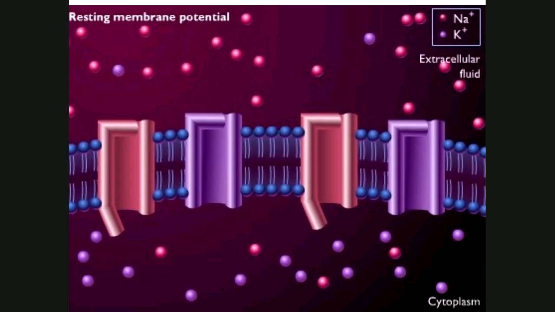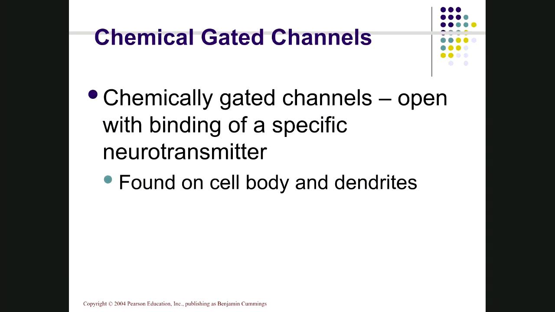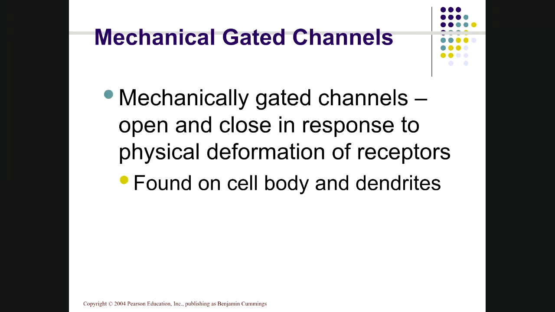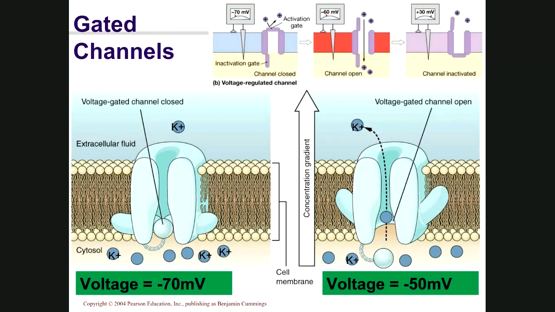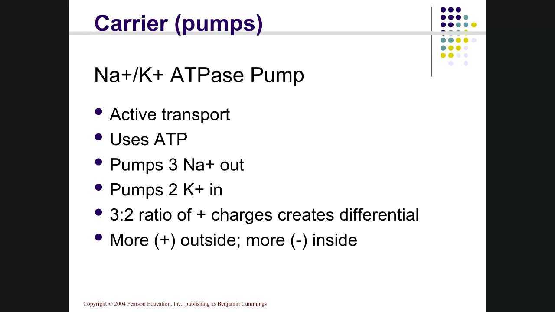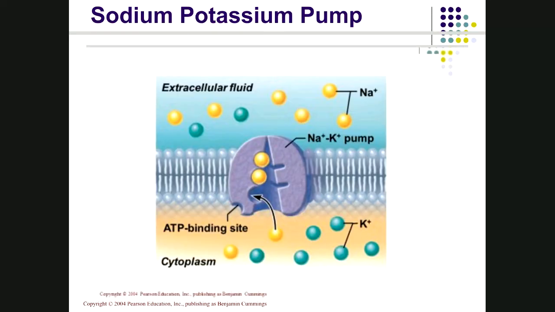So if we go back to this pump we're talking about, the pump that we're going to be most concerned with is this sodium-potassium ATPase pump. And it looks like this. So there's this pump right here. So look, it has an ATP binding site. That's so that an ATP can come here and fit in that space.